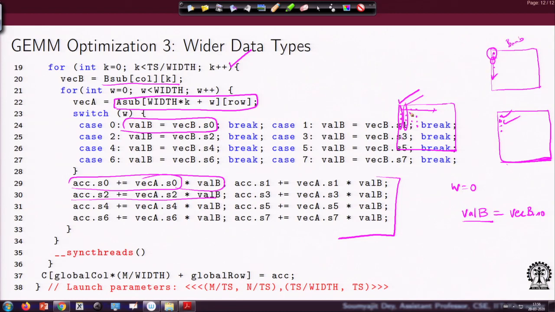So again, as you can see, there is a lot of saving happening: with one load for this vec b, whatever component I am getting, I am choosing the appropriate component and doing the multiplication of that component with everything else for the first component of the vector a, and that way this computes.